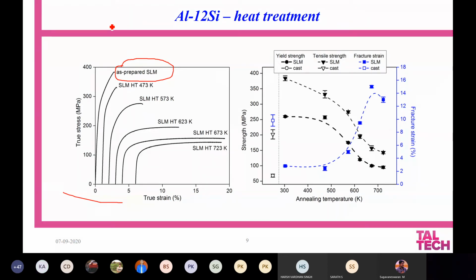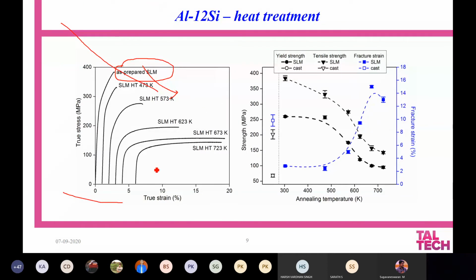Here you can see with increasing heat treatment temperature at constant heat treatment time, the strength of the material decreases gradually, but the ductility of the material increases significantly.